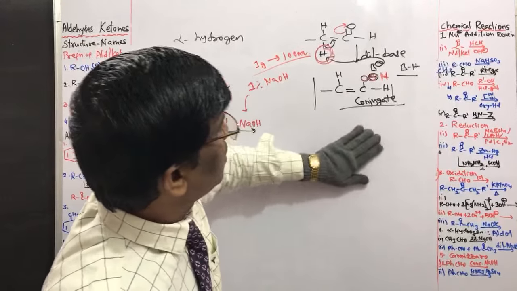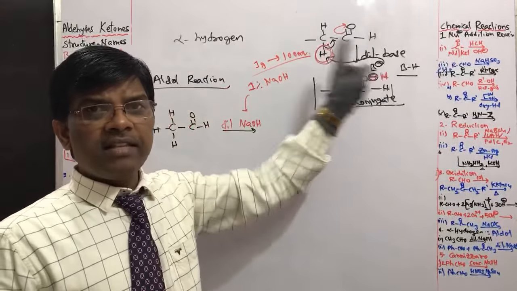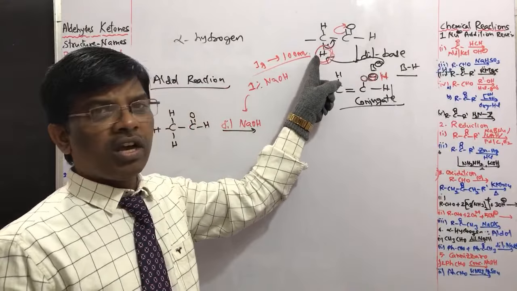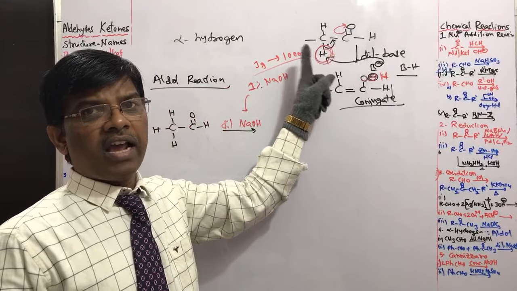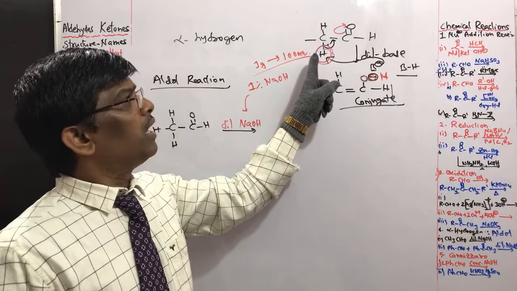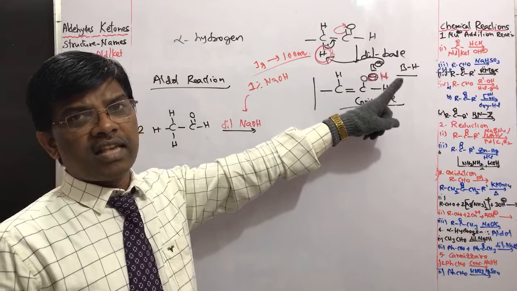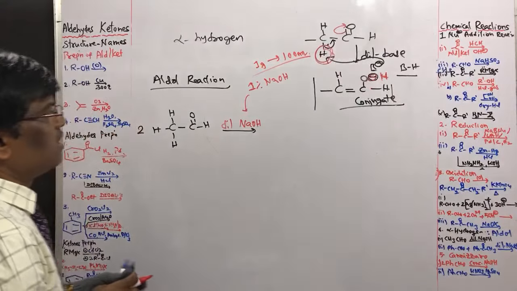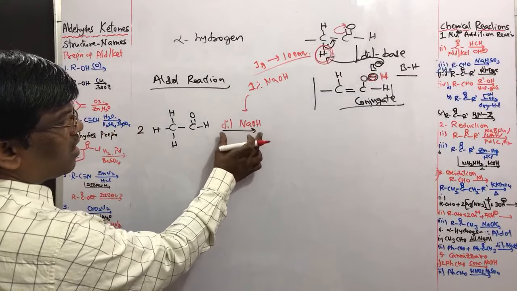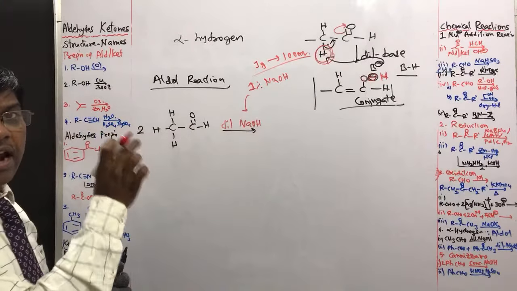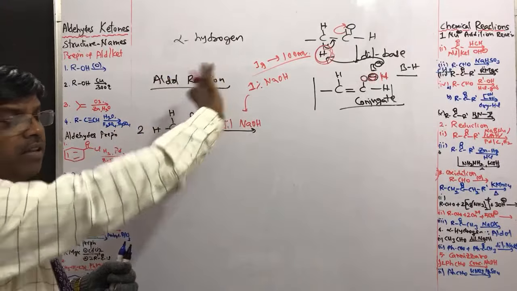Further examples. In the presence of base, this is a highly labile proton, an acidic proton. The alpha hydrogen is acidic because the conjugate base formed is stable, with oxygen having the negative charge. So dilute NaOH, stick to dilute NaOH. If I add concentrated NaOH, it is going to be a different reaction.